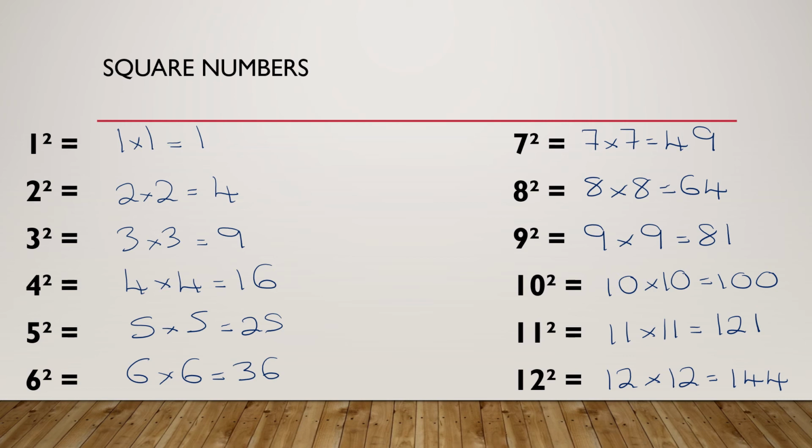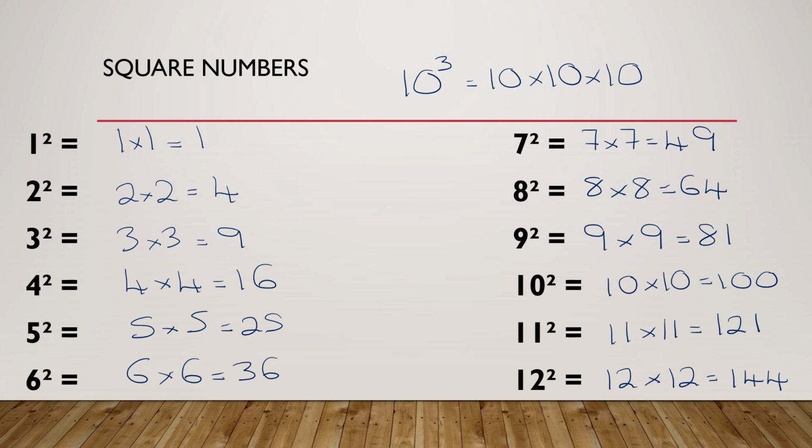The exponent is telling us how many times. So if it was a different number, which will be looked at in later lessons, say 10 to the power of 3, that exponent is telling us that means 10 times 10 times 10. So that exponent tells us how many times to multiply the number by itself.